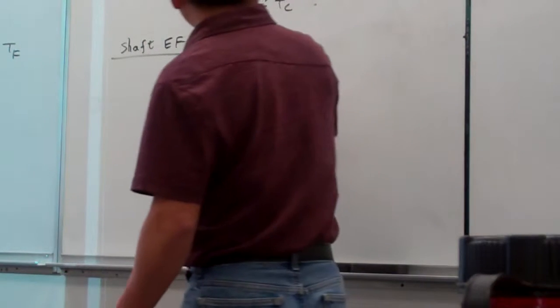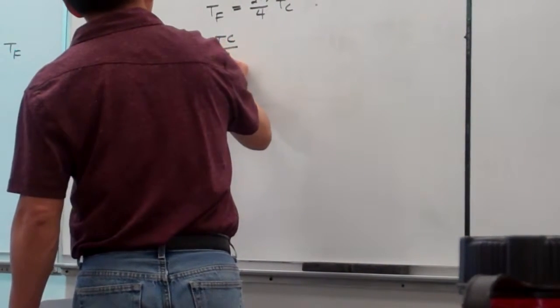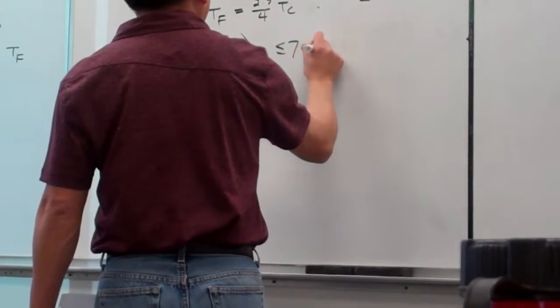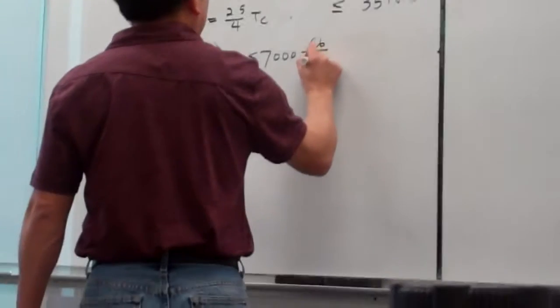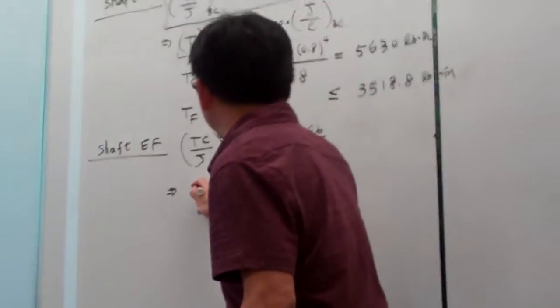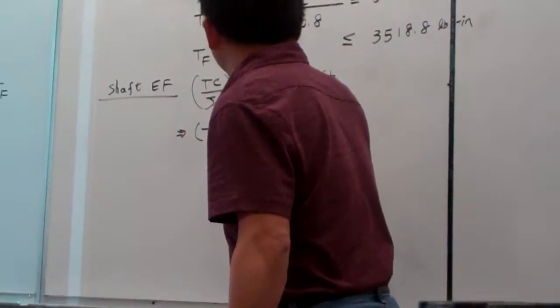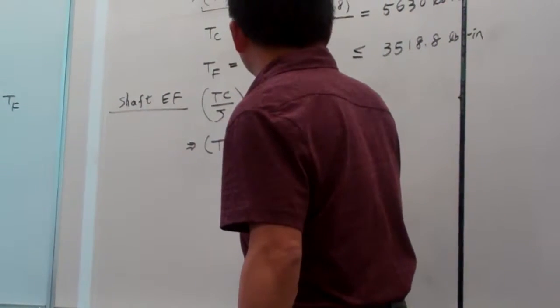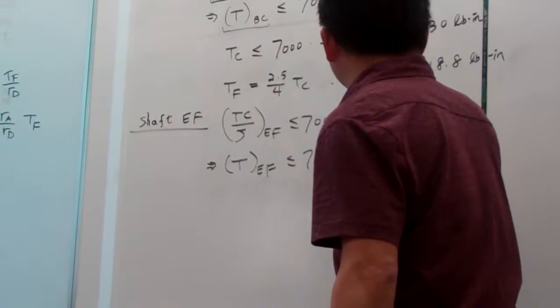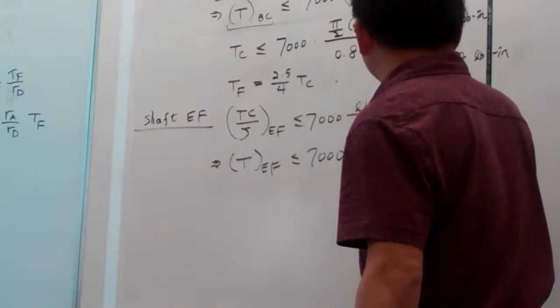So for this one, again, the TC over J for this shaft, EF, is less than or equal to 7,000 pounds per inch square. So therefore, from here, we can see the torque for shaft EF is less than or equal to 7,000 multiplied with J divided by C for shaft EF.